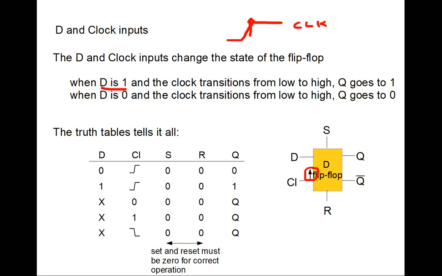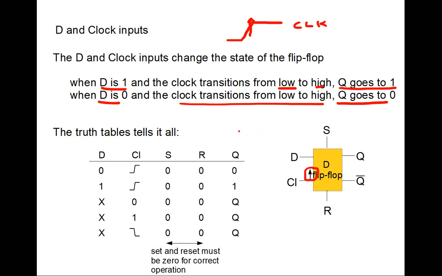When D is 1 and the clock transitions from low to high, as indicated here, that's a rising edge, then Q goes to 1 and it remains at 1 until the state is changed by either set, reset, or the clock rising again. When D is 0 and the clock does that transition from low to high, then Q goes to 0.